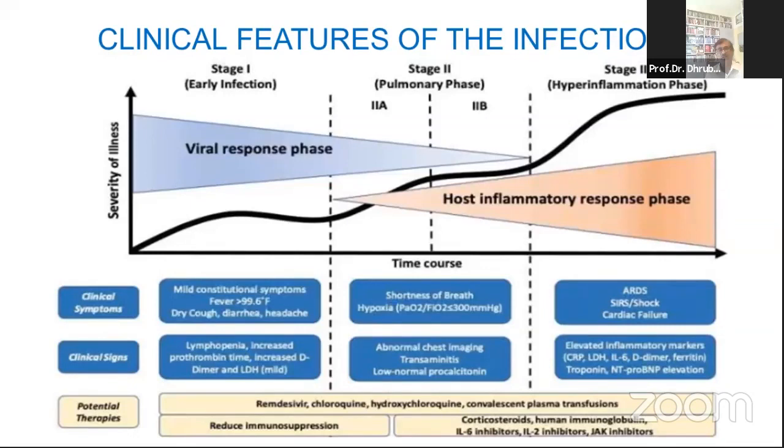In that stage, the cytokine storm takes place, and that cytokine storm itself gives rise to a huge burden on the system itself. And when we're talking about this cytokine storm and others, which is related to immunity.